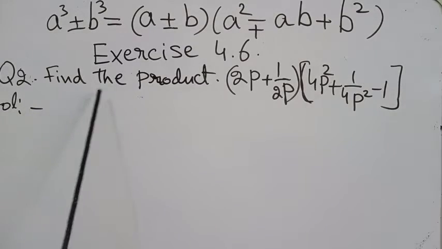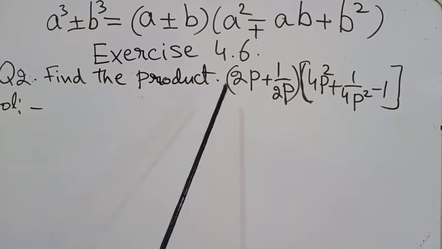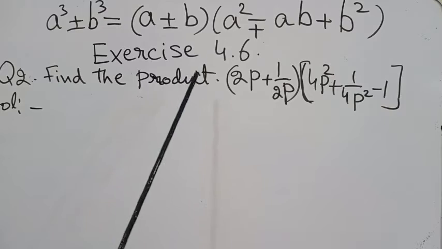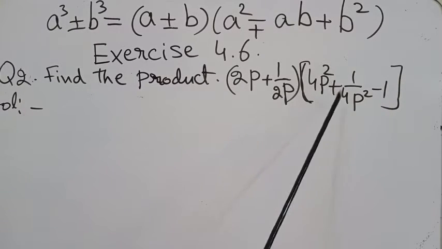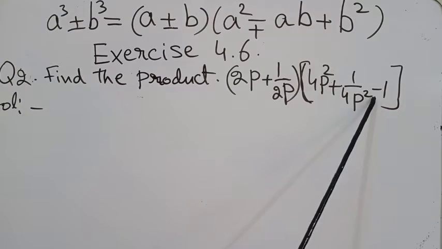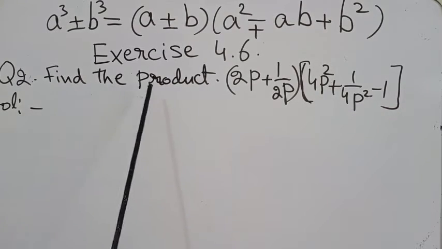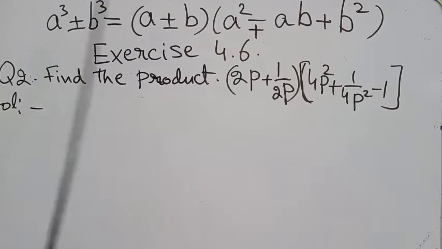Question number 2, find the product. First part of question number 2: 2p plus 1 divided by 2p into 4p square plus 1 divided by 4p square minus 1. We use this formula for solving this question.